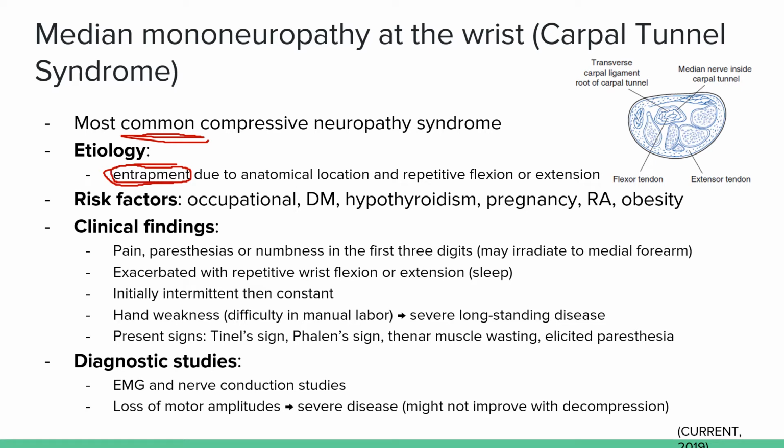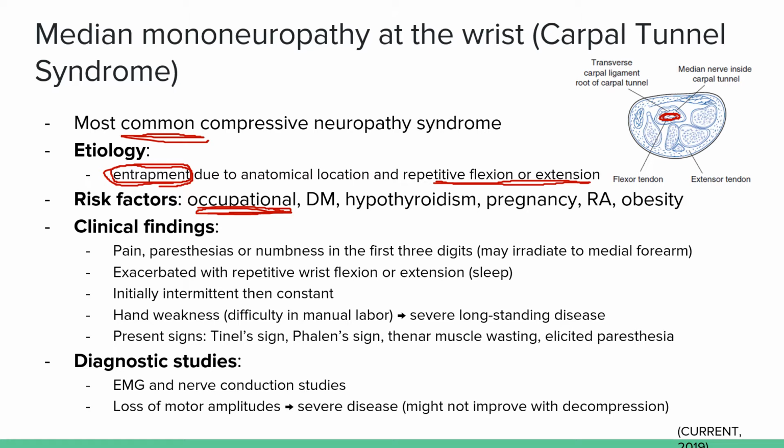There is a predisposing factor just because of the anatomical location of the nerve, as we can see in this image, and repetitive flexion or extension of the wrist. Risk factors are mainly occupational. People that spend a lot of time on the computer or have this repetitive flexion or extension of the wrist.